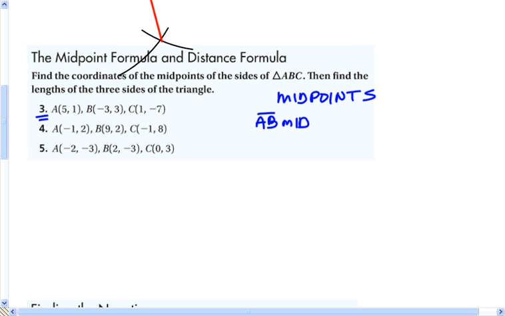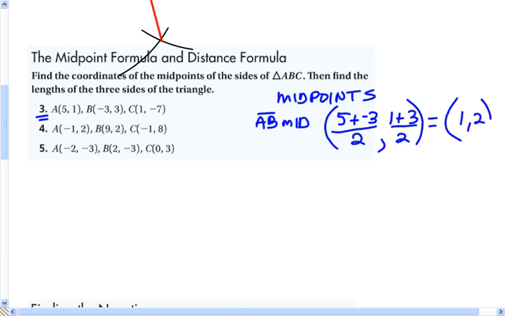So the midpoint of segment AB would be, the coordinates are the x coordinates added together, divided by 2. So we're just finding the average of the x coordinates and the average of the y coordinates. And that's equal to 1, 2.